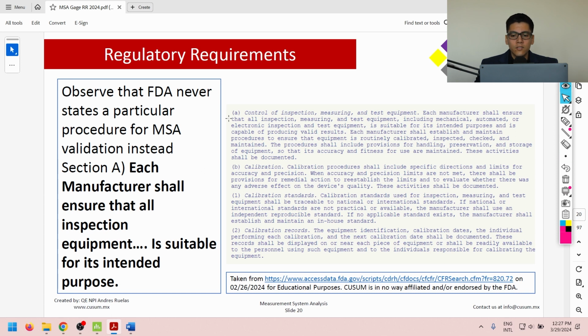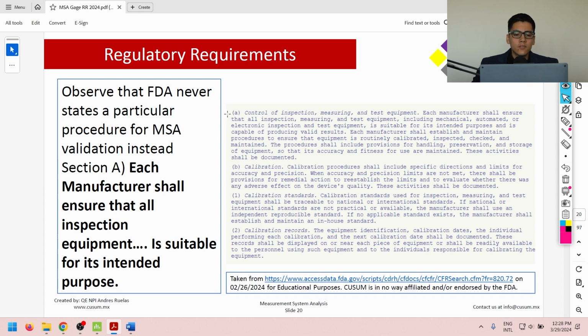Each manufacturer shall establish and maintain procedures to ensure that equipment is routinely calibrated, inspected, checked, and maintained. The procedure shall include provisions for handling, preservation, and storage of equipment, so that its accuracy and fitness for use are maintained. These activities shall be documented.